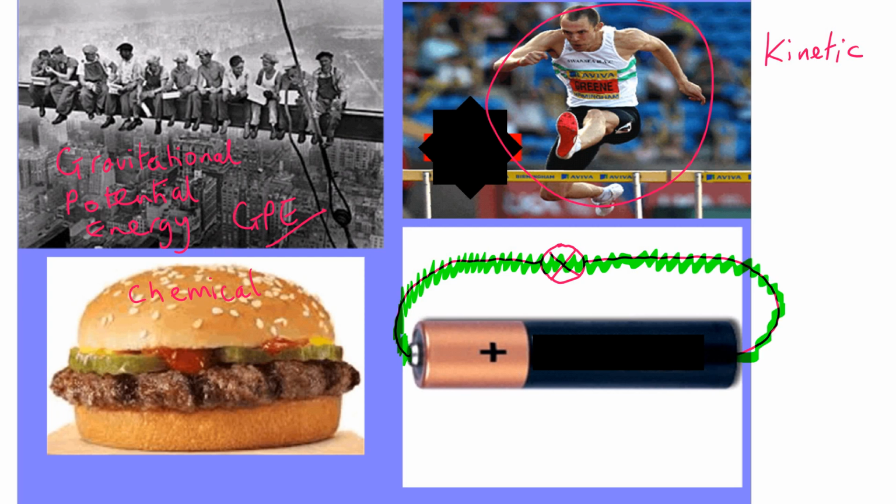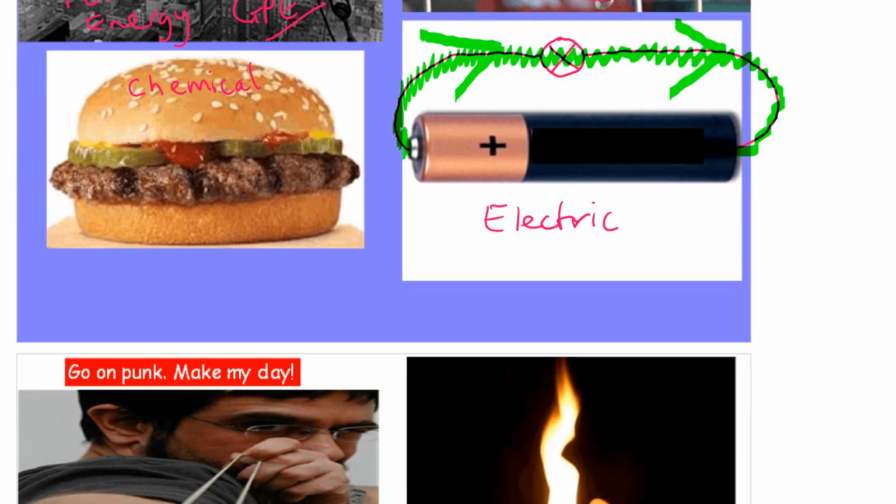And conventional current flows from positive to negative. So what do we have here? Electrical energy. So there's the first 4. Let's move on.